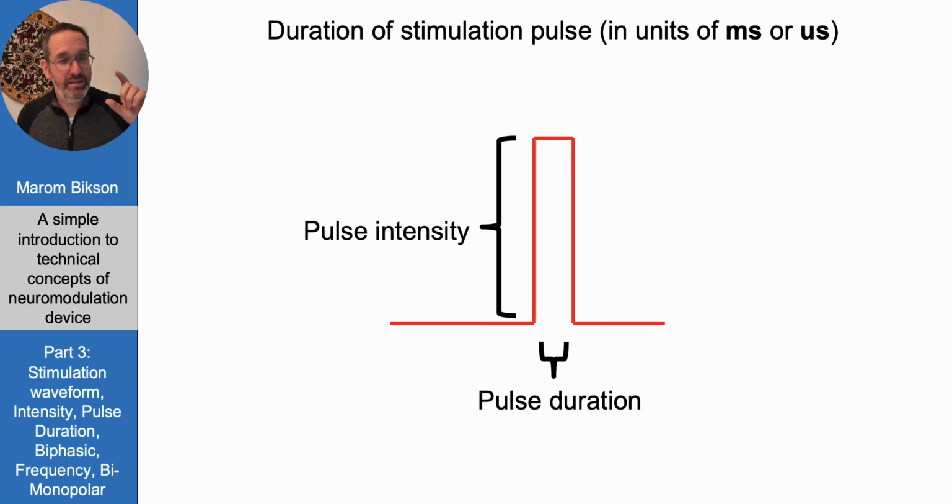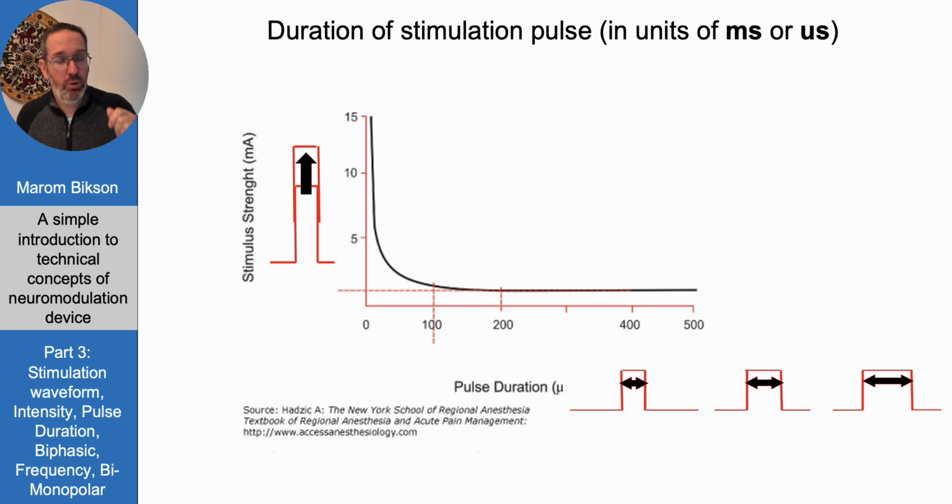And it turns out that the intensity and the duration both matter in determining what happens. And this is because of a concept called the strength duration curve. And I only need to explain it here in a sort of cartoony way. When we have long pulses, which is going on the right, where you see 100 microseconds, 200 microseconds, we have a certain intensity that we need to produce action potentials. Let's call that 1. That's where that horizontal dashed line is. So at 200 microseconds, we need 1 milliamp.